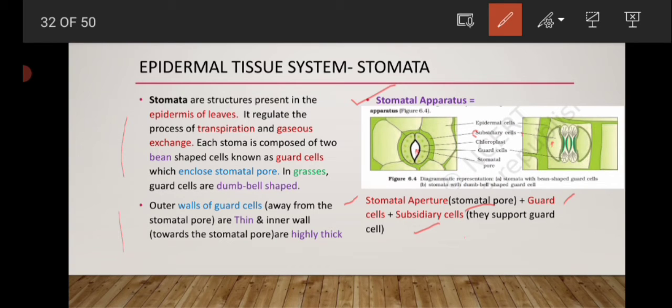We also call it an accessory cell, and they support the guard cell functions. So this is all about the stomatal apparatus. It consists of three things: stomatal aperture, guard cells, and subsidiary cells.